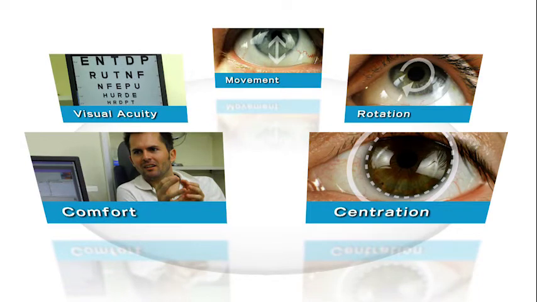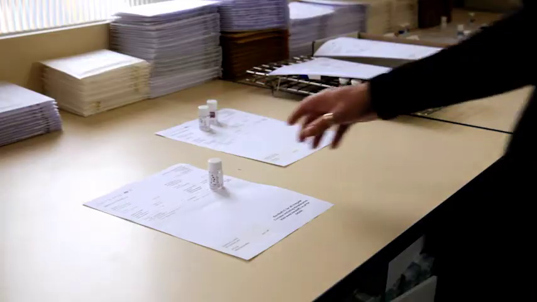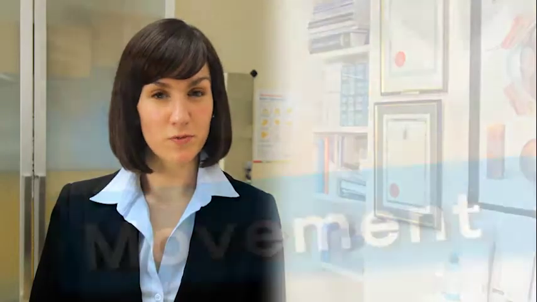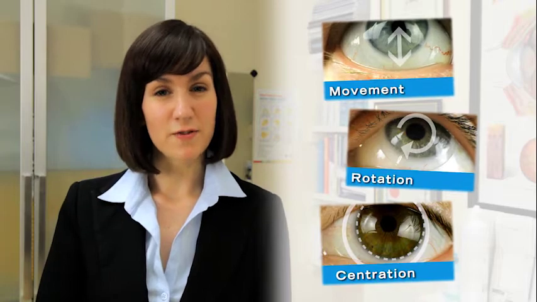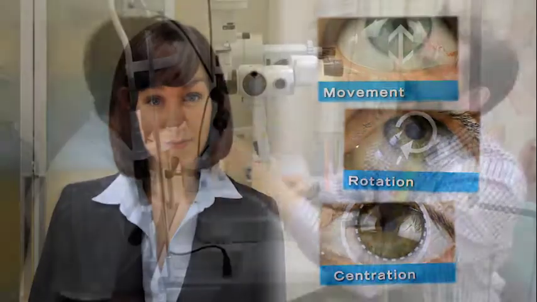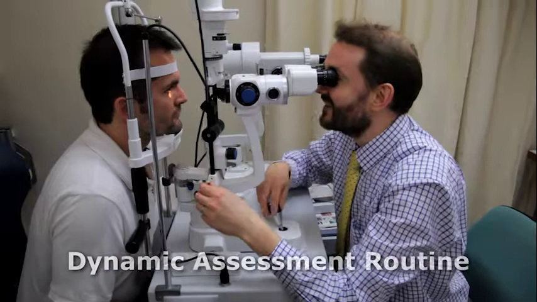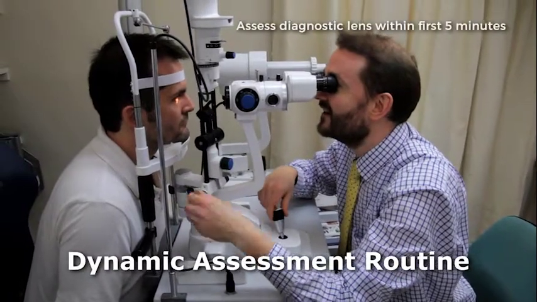It is crucial that the diagnostic lens displays these optimal fitting characteristics to ensure that the ordered powered lens behaves in the same way. The first 3 of these building blocks, movement, rotation and centration, are assessed on the slit lamp within 5 minutes of the lens being inserted. These are assessed using the dynamic assessment routine.